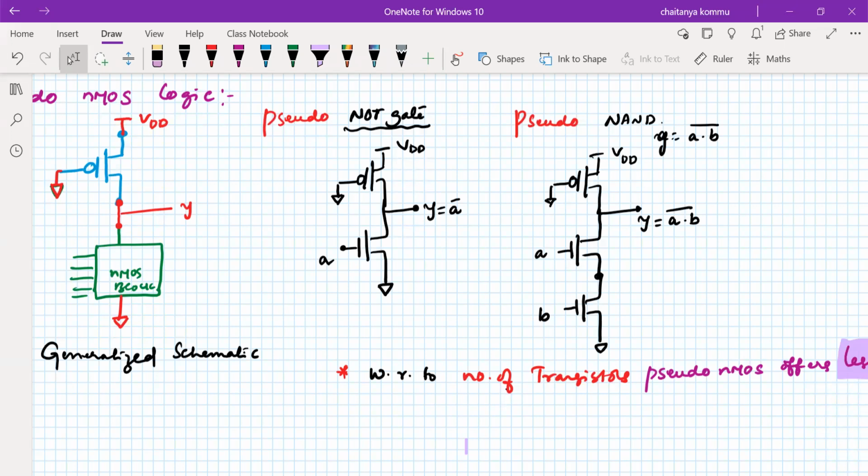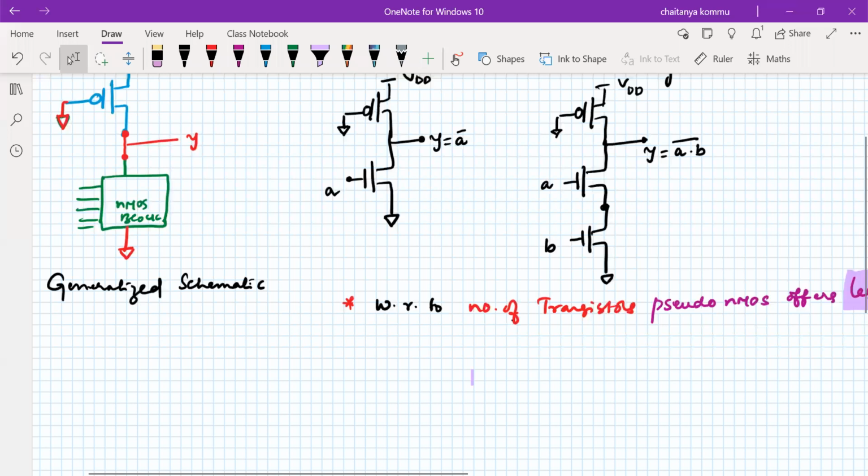So it contains less; from the area point of view, it is very small when compared to that one. The depletion type mode transistor consumes a lot of power because of its area size, and the delay is also very high because the input capacitance of the depletion type mode transistor is more than that of the PMOS transistor. So that's it.